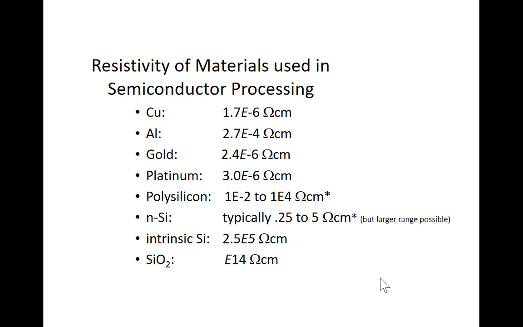Quite a bit. An order of magnitude? No, it's more than 14. It's 20 orders of magnitude difference in the conductivity of materials. That is dramatic. That's all for today.